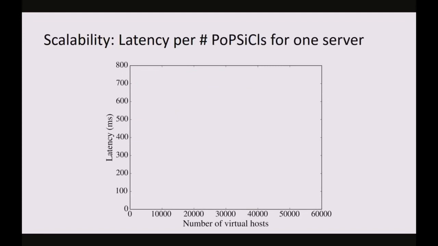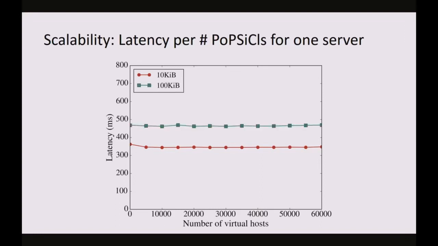As you add new popsicles to a server, these get realized in our implementation as virtual hosts in an Nginx sense. So this is a new data structure on the server. What happens when you add lots and lots of users, that is lots and lots of popsicles, on a single server? It turns out the answer is nothing for Nginx. This is the latency for retrieving 10 kilobyte messages from a server.